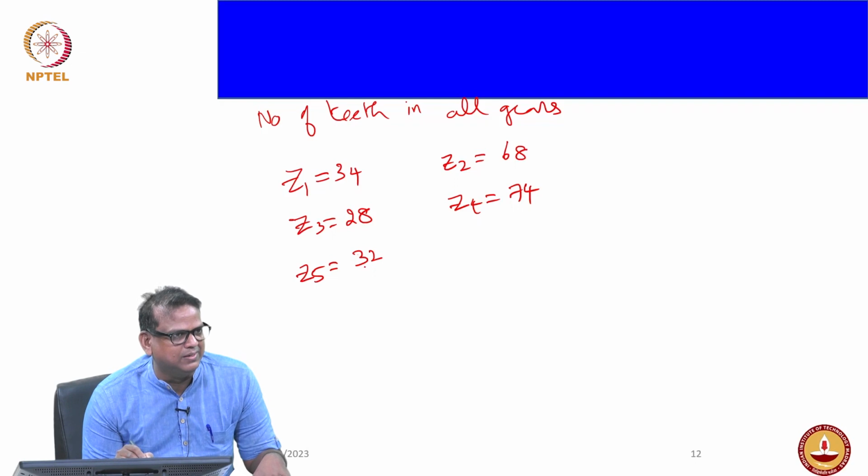Z5 was 16 in the earlier calculation, and once we multiplied, we got 32.